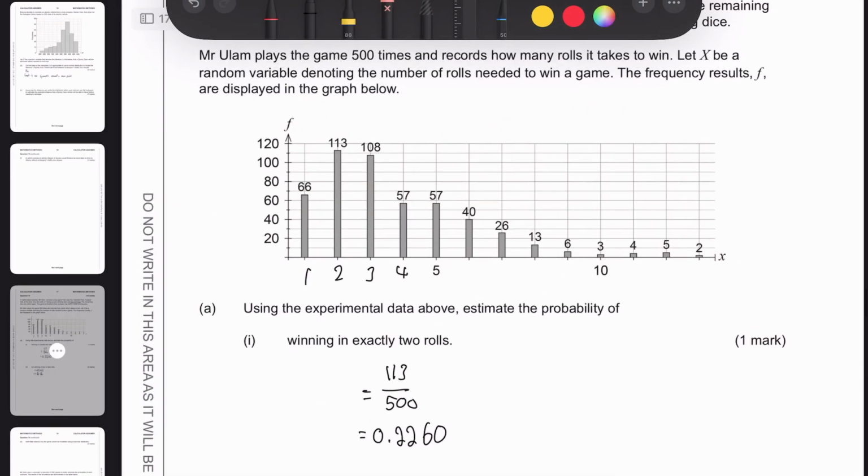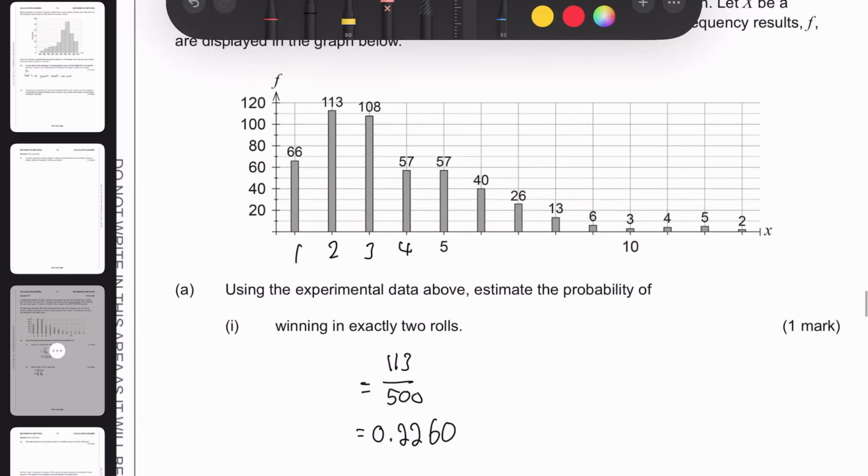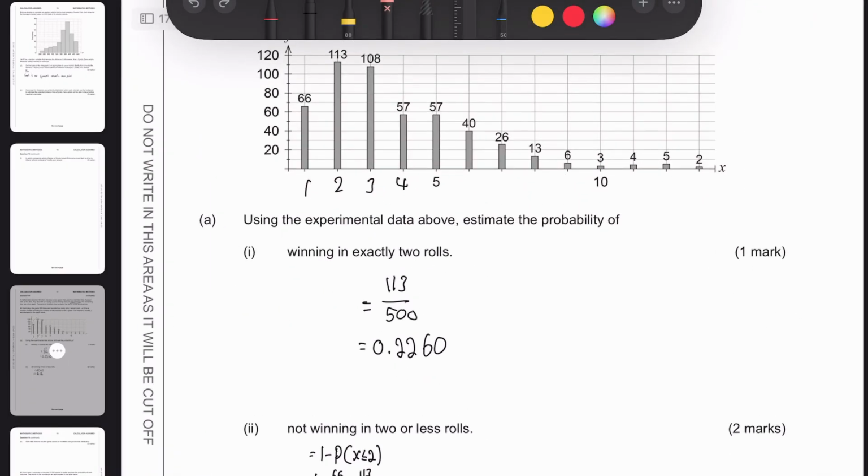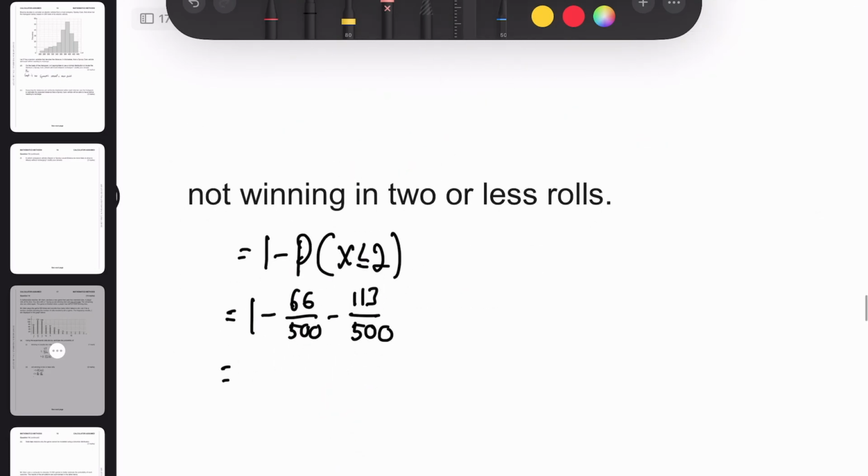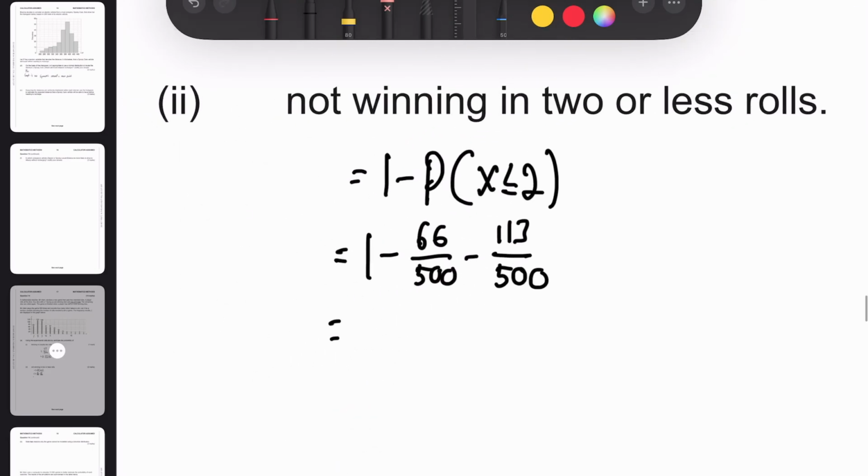Because not winning, okay, if we look at just winning in 2 or less rolls, obviously it's this section, but then it's asking for not, so we just do 1 minus all of that. So then this is going to be 179, so 321 on 500, or 0.6420.